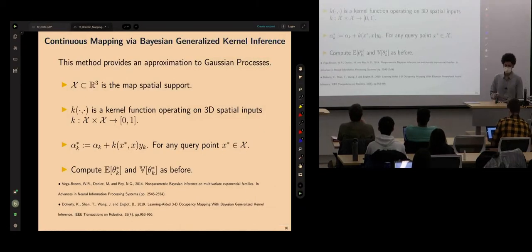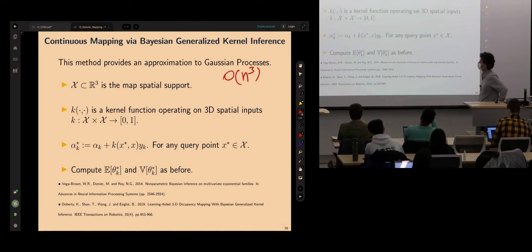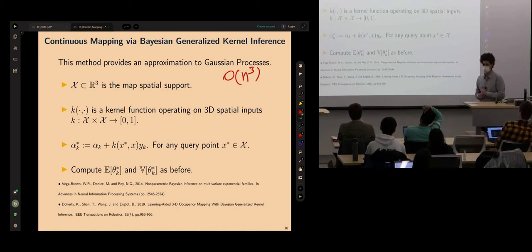So Gaussian processes are not scalable. That's the problem. Now, what is a Gaussian process? Whenever you assume your posterior parameters, here the map, all the voxels, are jointly distributed according to a Gaussian distribution.